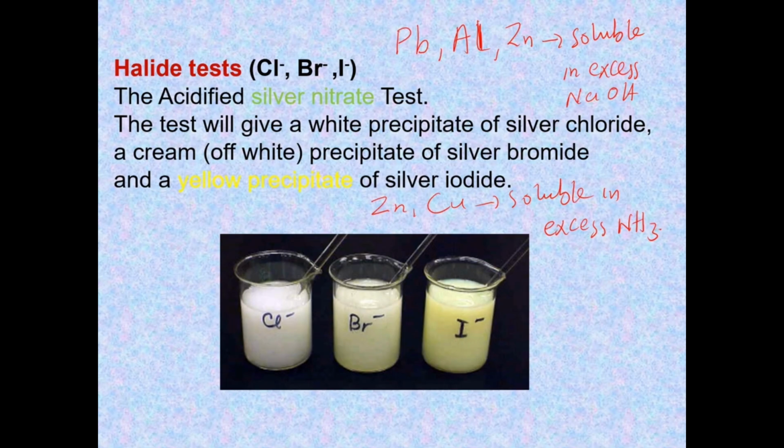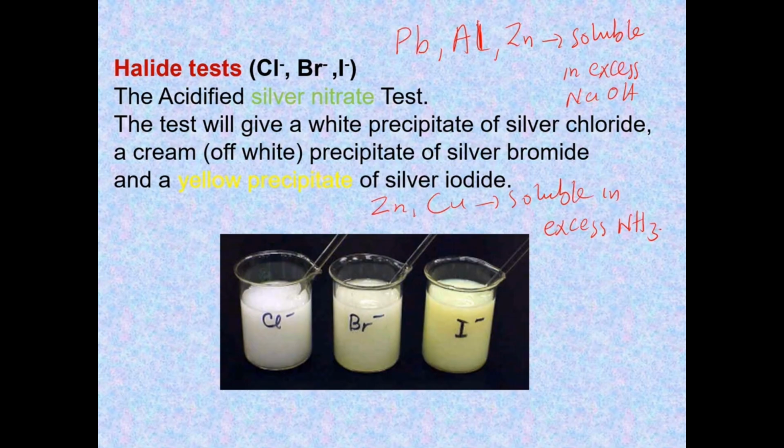For the first part, we usually use acidified silver nitrate, which gives you a white precipitate of silver chloride, a cream or off-white precipitate of silver bromide, and a yellow precipitate of silver iodide.